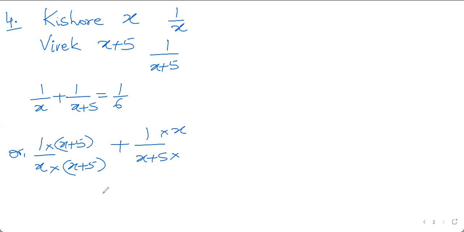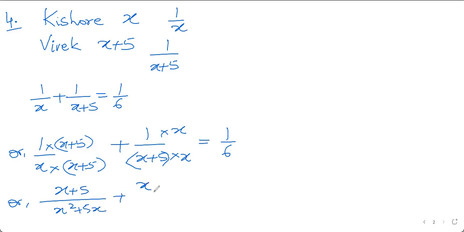If you miss even one bracket, you will end up in wrong mathematics. Which is equal to 1 by 6. Now when we simplify this, it becomes (x plus 5) by (x square plus 5x), plus x by (x square plus 5x), equals 1 by 6.